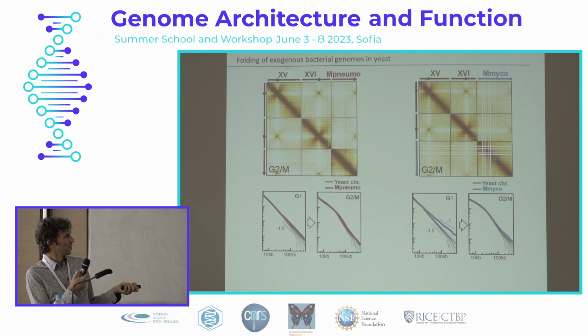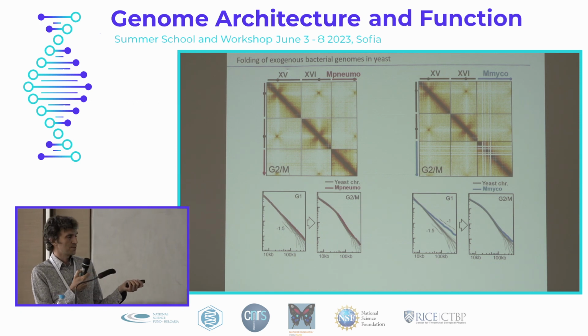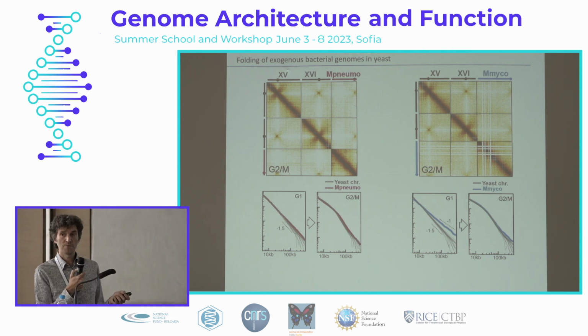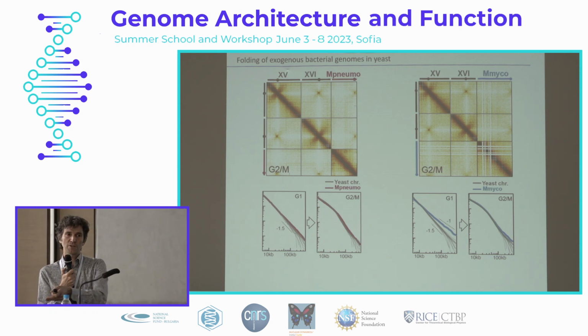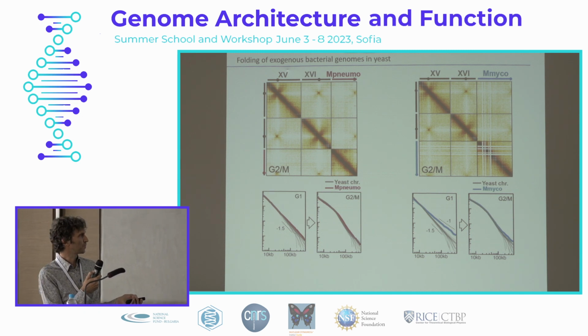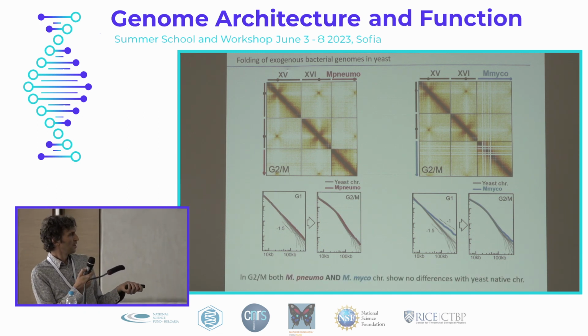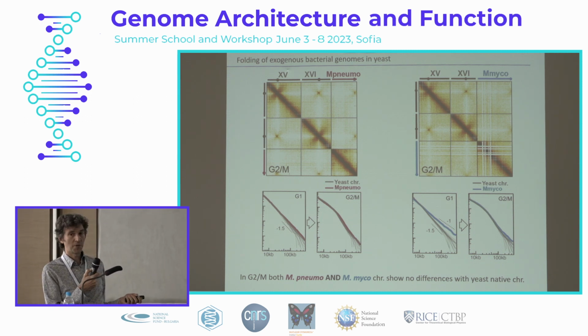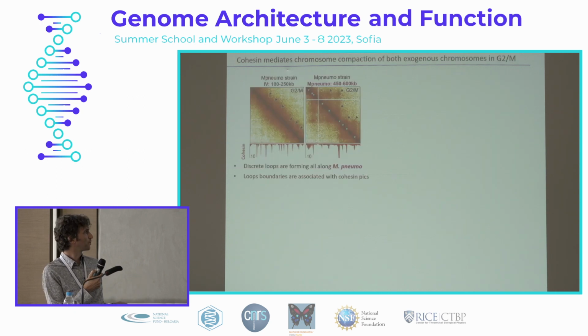So it means that the difference that existed in G1 is alleviated in G2M. The two genomes behave similarly, the bacterial genome and the native yeast genome. So it suggests that these AT-rich inactive chromosomes are actually folded correctly in G2M compared to G1.